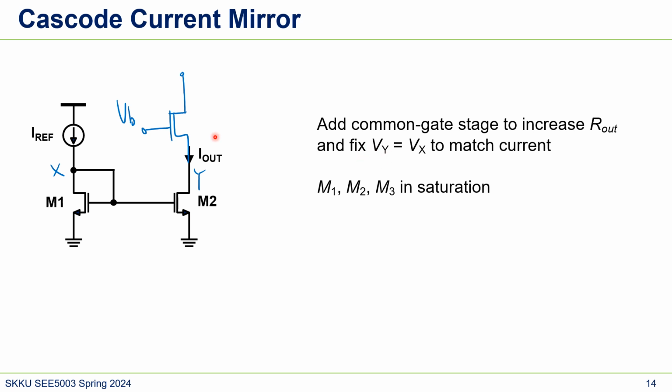By choosing VB properly, we can make Vy and Vx kind of the same, so we can match the current more accurately and overcome the channel length modulation. So our goal is to set VB properly, so Vx can be Vy.